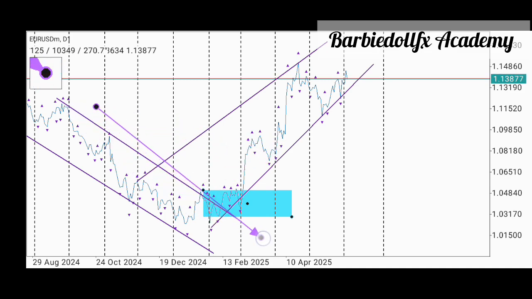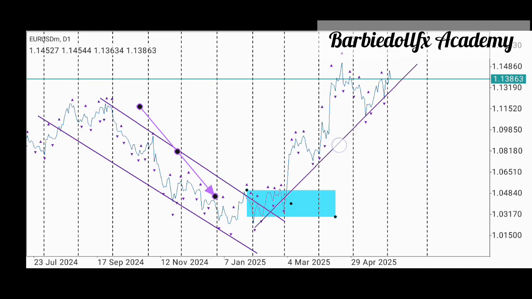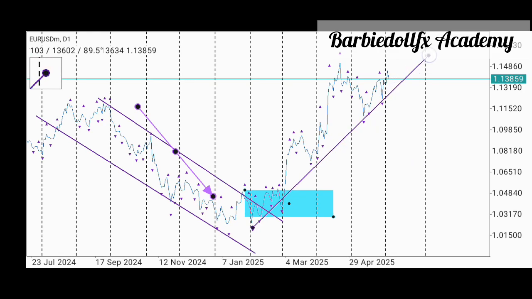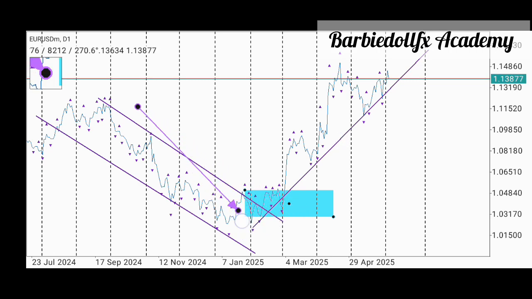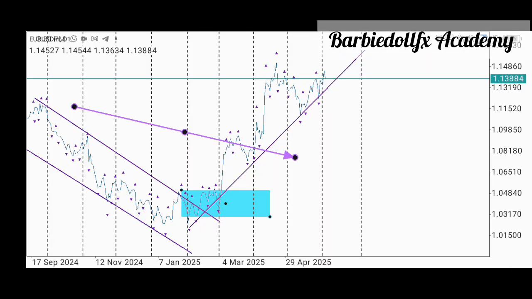This is a descending channel, and even if I delete this particular one, you see that price is moving around this trend line, forming high, low, high, low, high, low, until it either breaks.